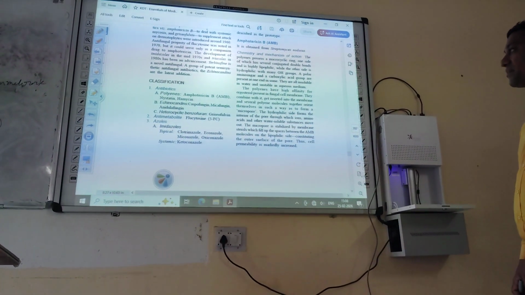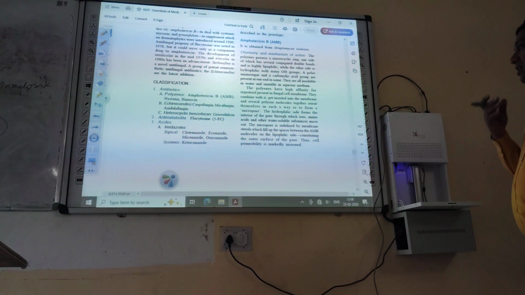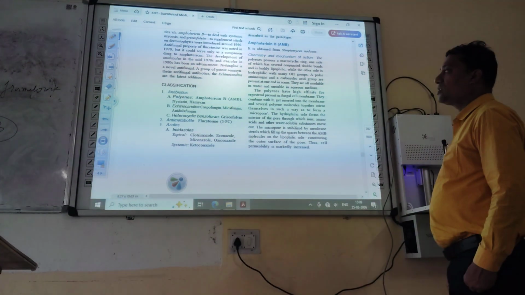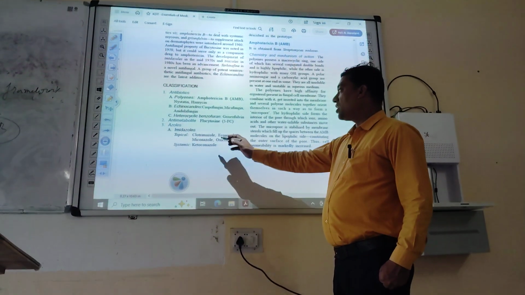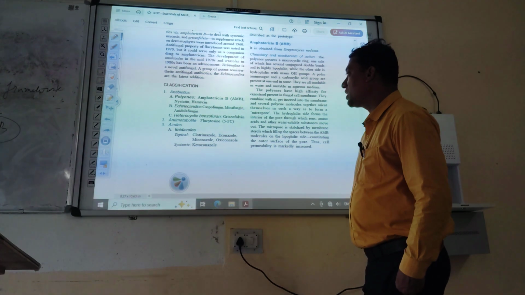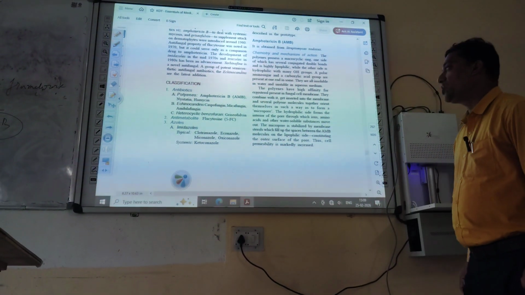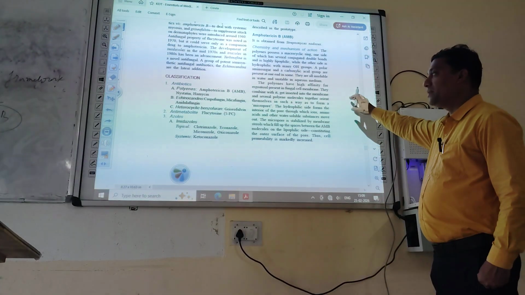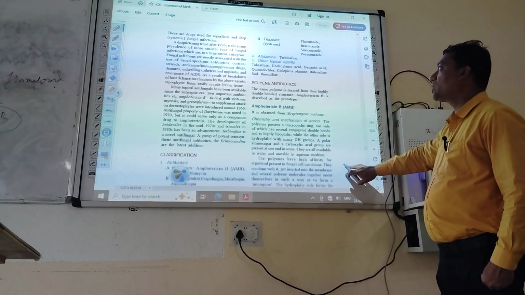Then the azole ring is there. From azoles, first is the imidazole ring: clotrimazole, econazole, miconazole, oxiconazole, ketoconazole all belong to imidazoles. They have an imidazole ring, the central ring structure.